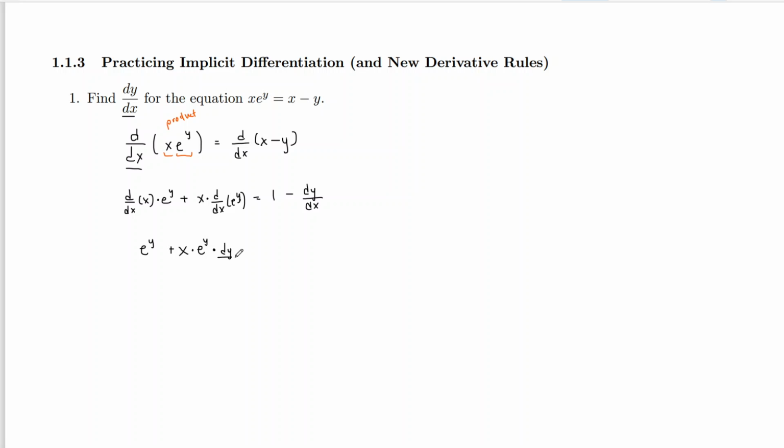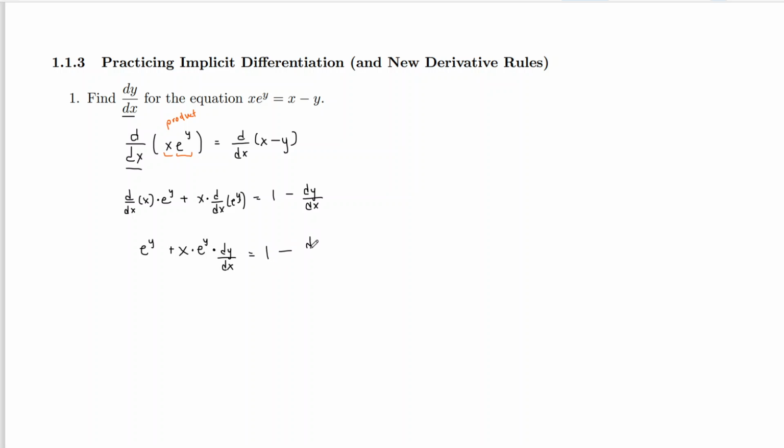We multiply by dy over dx because the inside is y, and that's the derivative of y. Okay, so once again, maybe slow that down, maybe rewind the video and think about it again. Every time you get a y in here, you just do the derivative rule like normal pretty much, and then you multiply by dy over dx because of the chain rule.